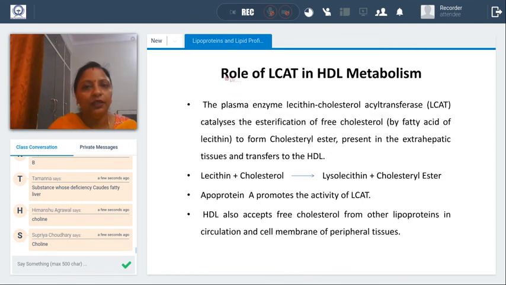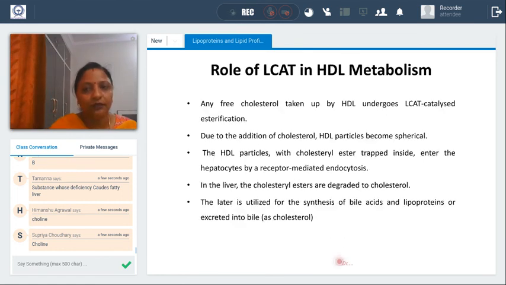Metabolism of HDL, role of LCAT, lecithin cholesterol acyltransferase, converts into lysolecithin and cholesterol esters. Apoprotein A promotes the activity of LCAT.